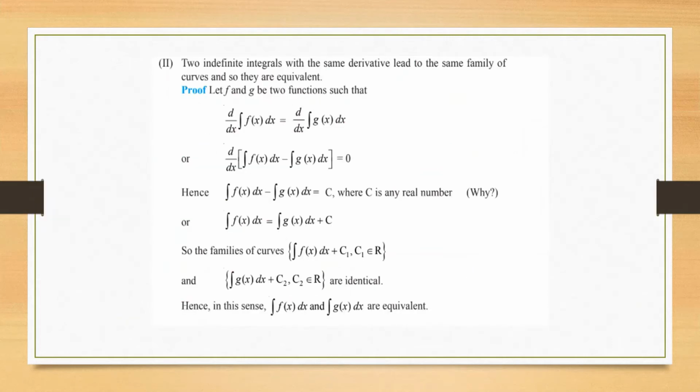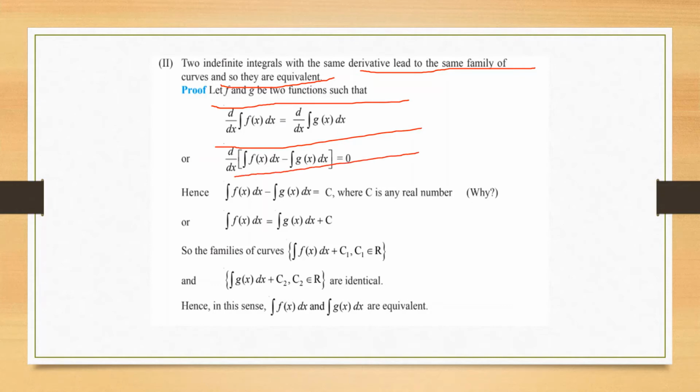Two indefinite integrals with the same derivative lead to the same family of curves, and so they are equivalent. Let f and g be two functions such that d/dx of integral f(x) dx equal to d/dx of integral g(x) dx. Bringing this to the other side, we get d/dx common, and it becomes integral f(x) dx minus integral g(x) dx equal to 0. Let us put it as c, where c is any real number. So we find that integral f(x) dx is equal to integral g(x) dx plus c.